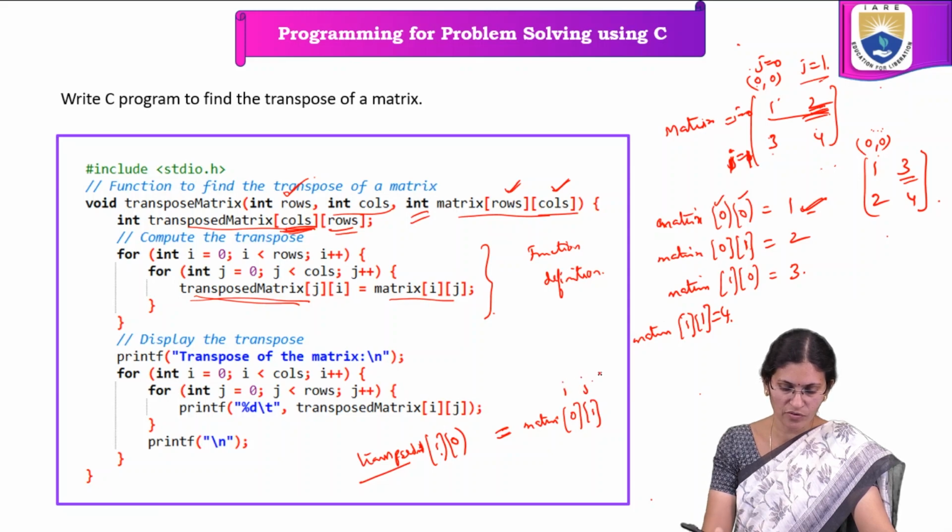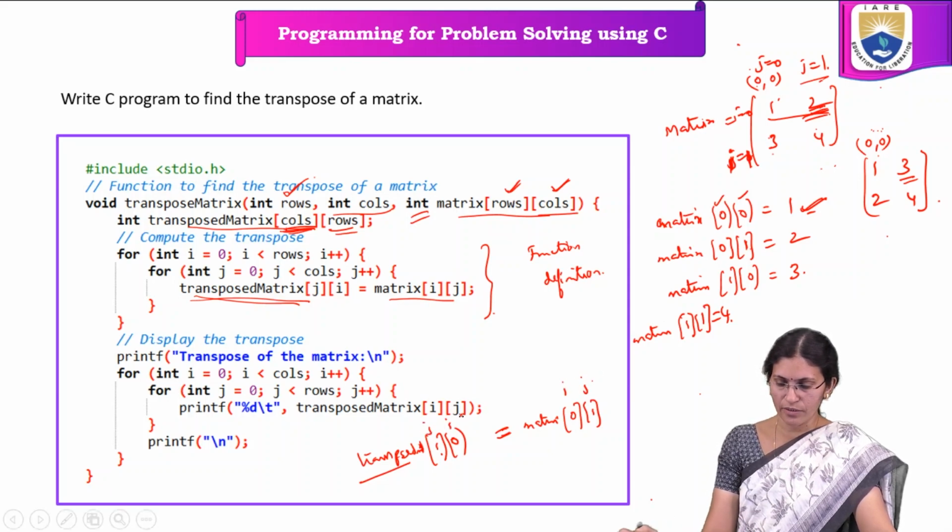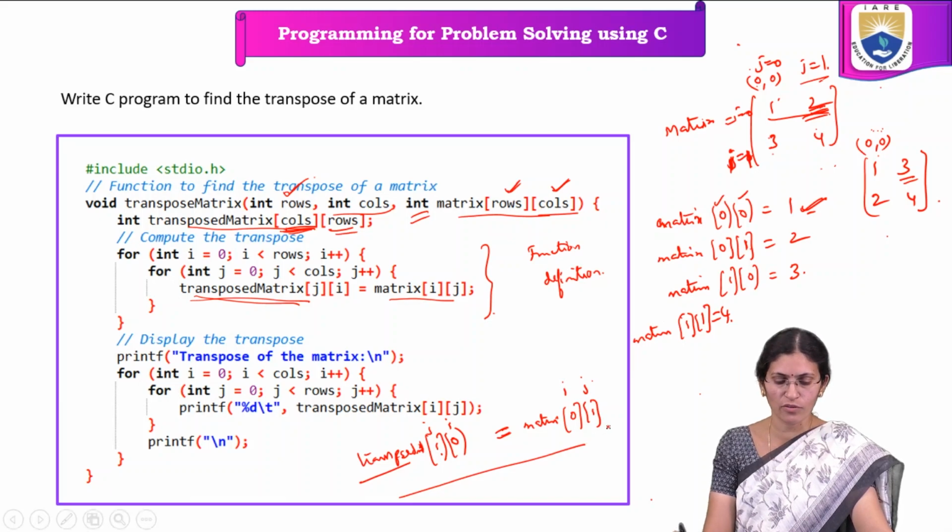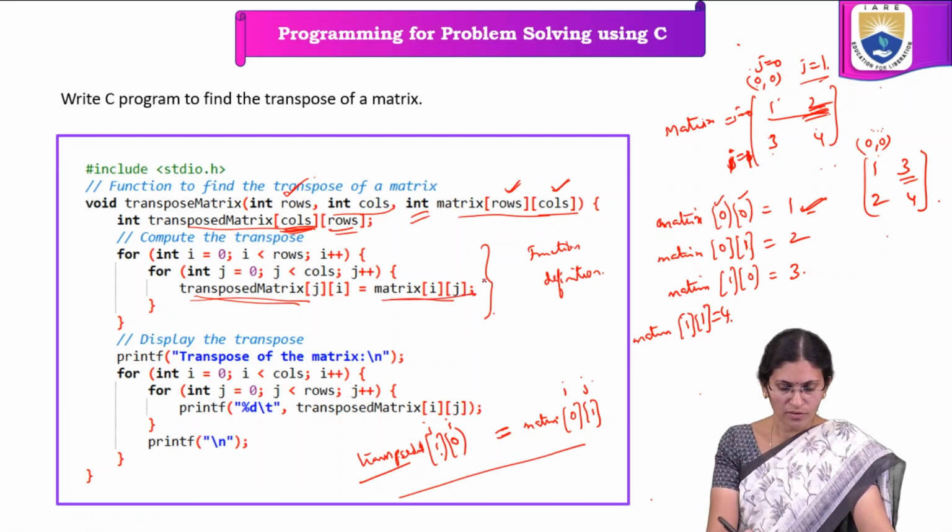If this is i, this is j, then this becomes j and i. With the help of this logic you can assign this matrix's values to the transposed matrix.